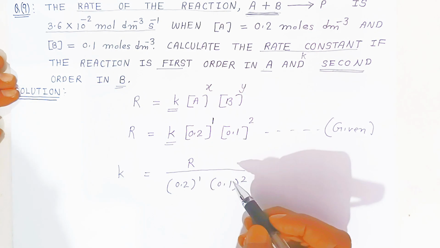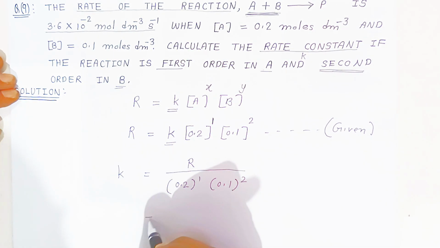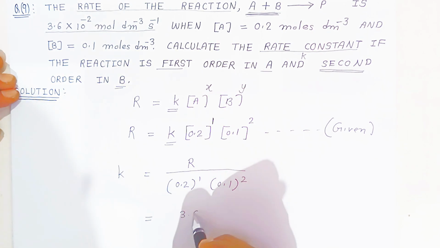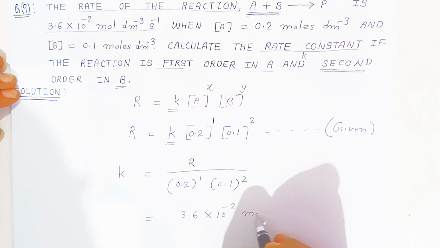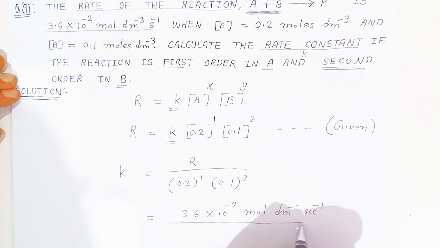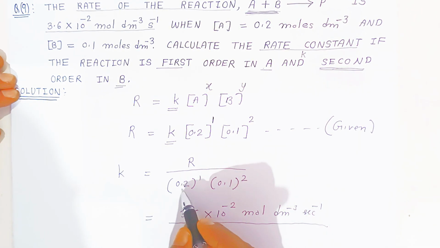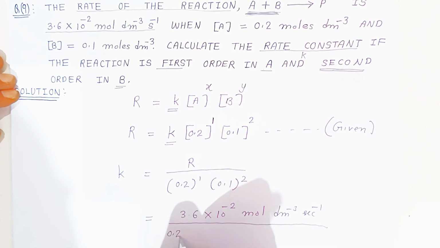Now just put the values once again. The rate is given to you: 3.6 into 10 raised to minus 2 mole per dm cube per second. You have to divide by the concentration of A, which is given as 0.2 mole.